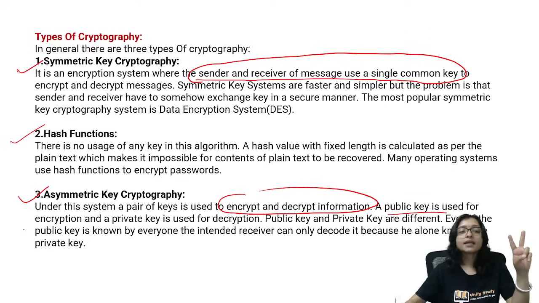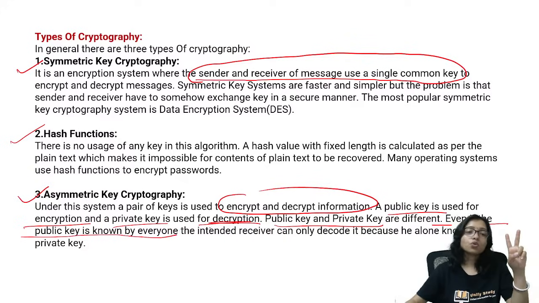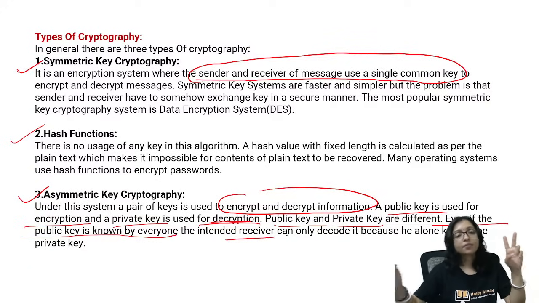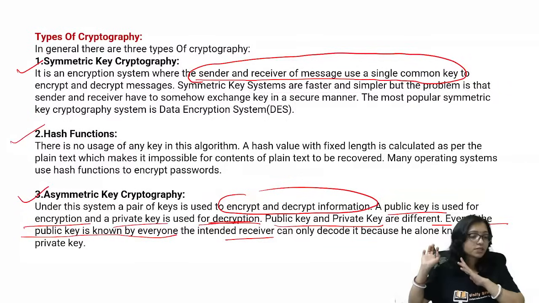Public key is used for encryption and private key is used for decryption. Public key and private key are different, and the public key is known to everyone intended, but private key is always private.